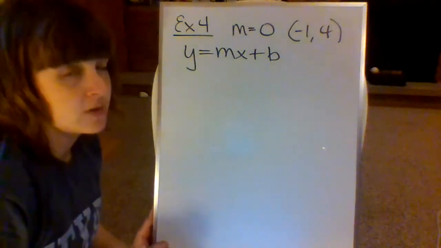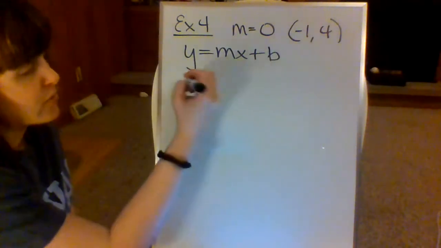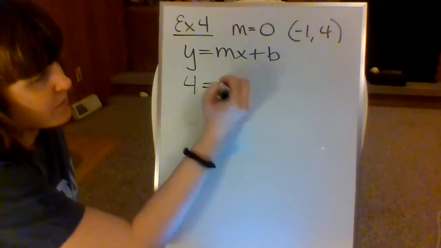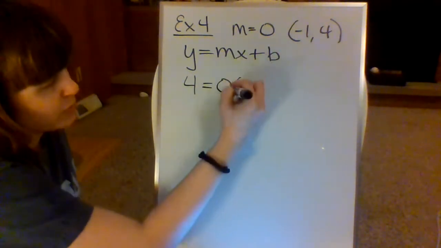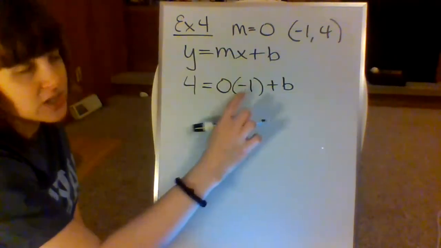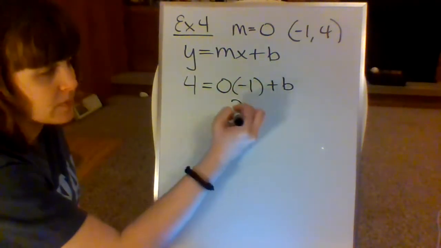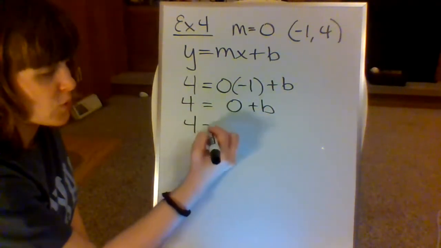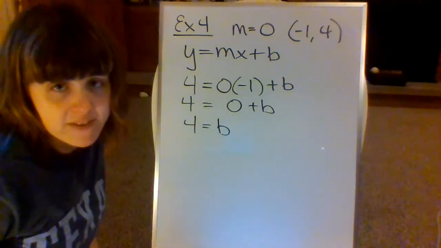Our y is 4. Our slope is 0. Our x is negative 1. So 0 times anything is 0. So that just means that 4 is our b value.